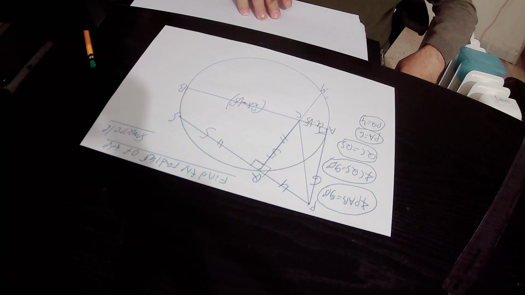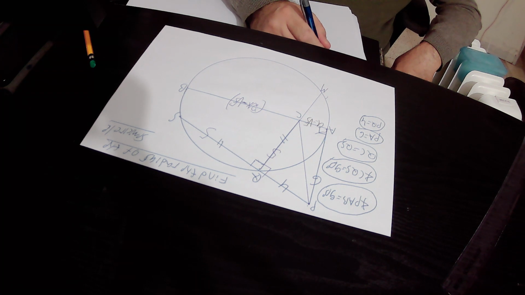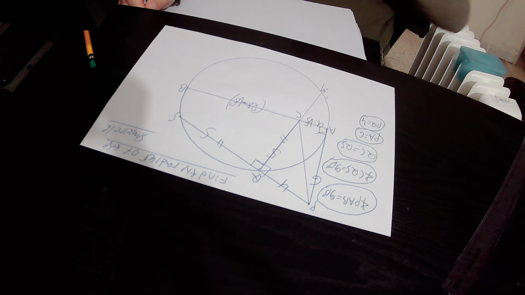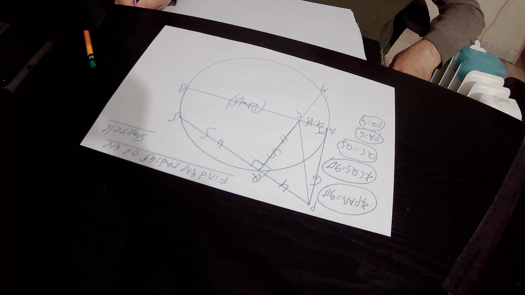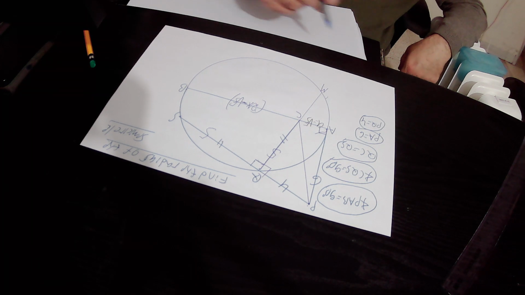Because in our drawing we have chord AB that intersects with chord QM at point C. So whenever you have two chords that intersect with each other, you can implement rule number 11. Therefore, you can implement rule number 11 in our drawing.